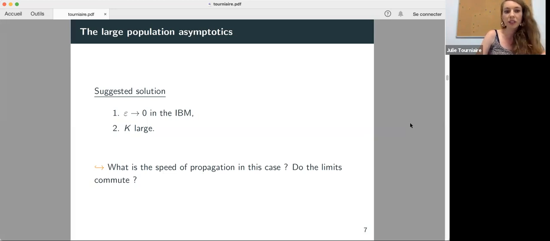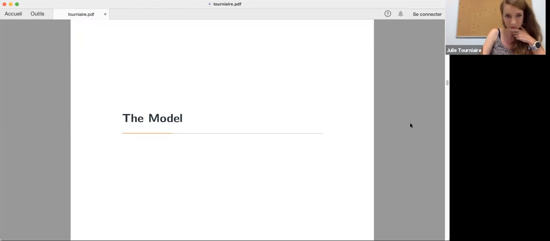That is, we first let epsilon tend to 0 in the individual-based model, and then we consider large populations. So the question is, what is the speed of propagation in this case? And do the two limits commute? And you can guess that the answer is no.